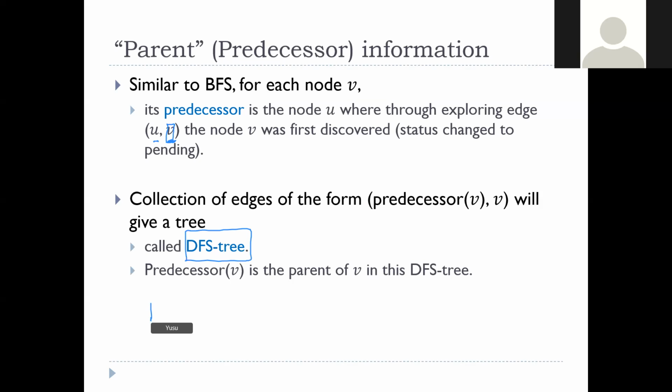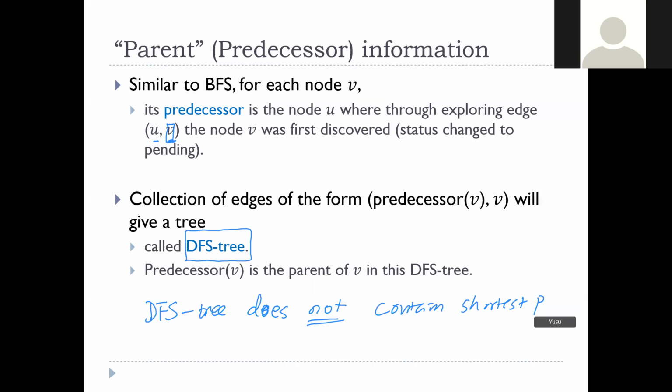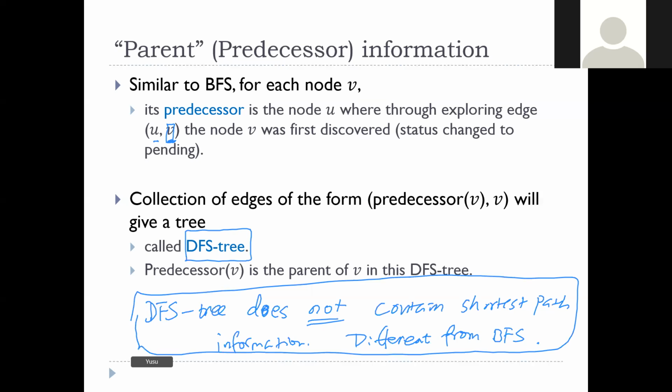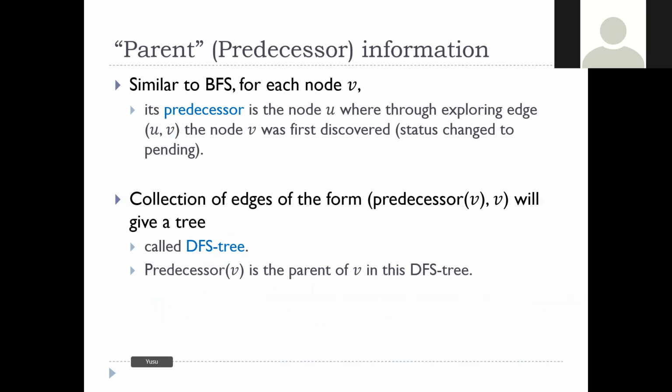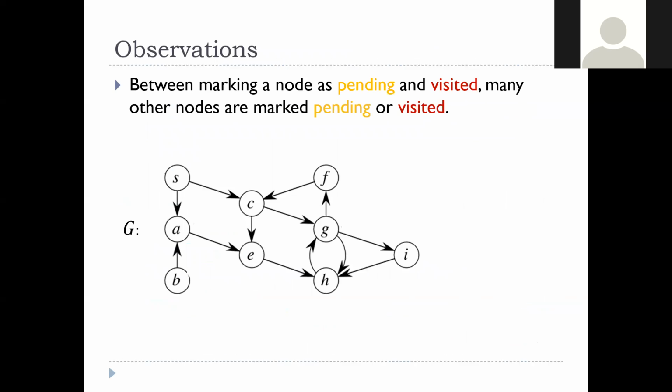Let me mark it here: the DFS tree does not contain shortest path information. This is different from BFS that we talked about last time.